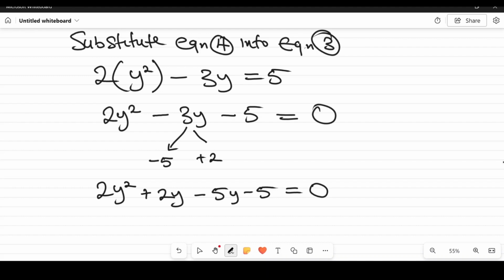So from here, if we group and factorize, we have 2y open bracket y plus 1 minus 5 open bracket y plus 1 equal to 0.